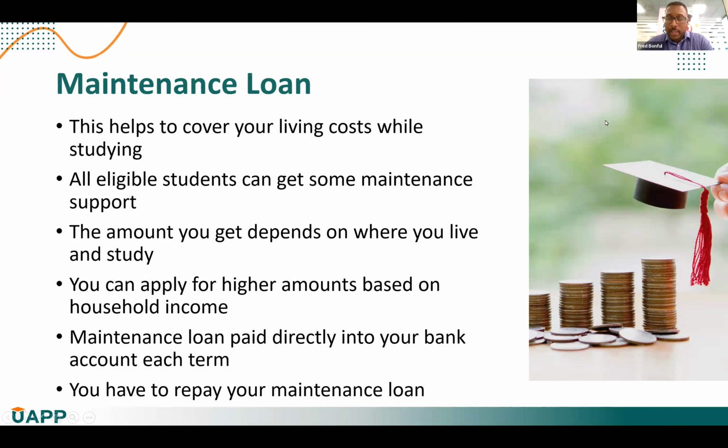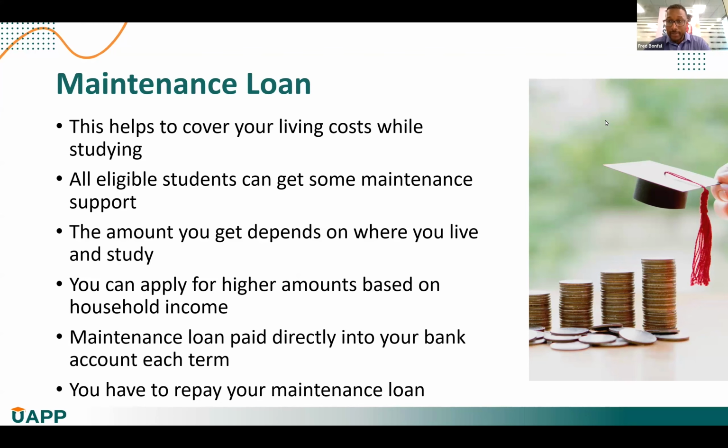Let's talk a bit about your maintenance loans. Your maintenance loan is for living costs, things like paying your bills, paying your rent, and helping with travel costs to university. Anything associated with living costs whilst you're studying is the purpose of maintenance loans. It's important to understand that maintenance loans depend on your household income.